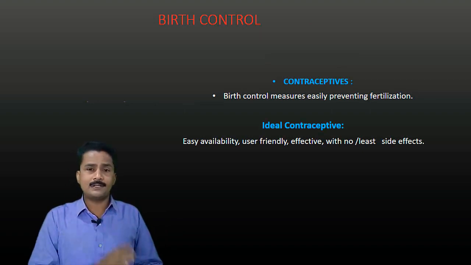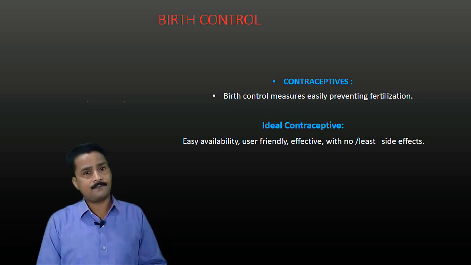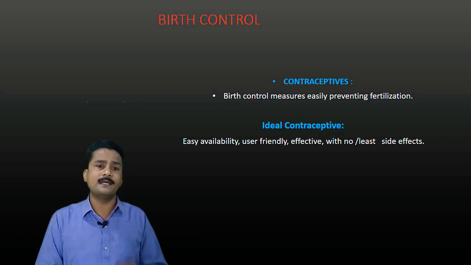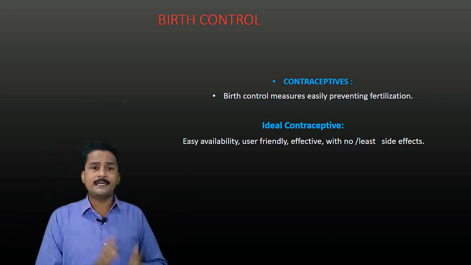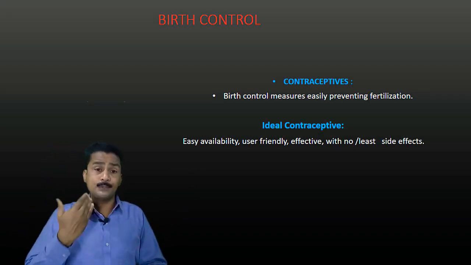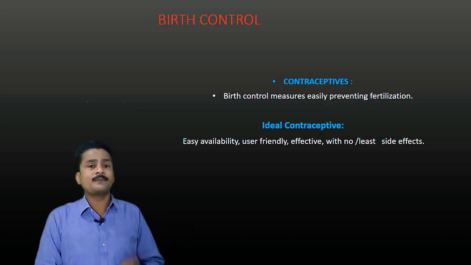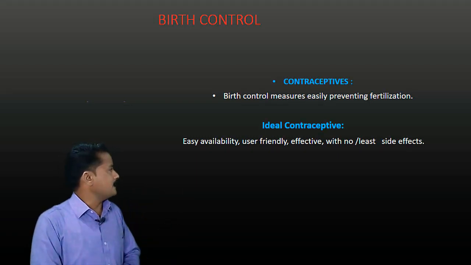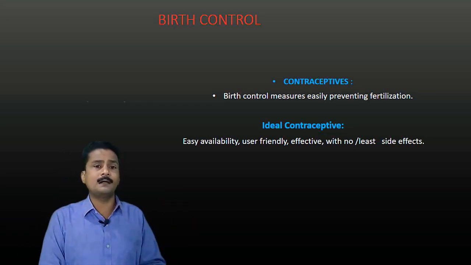So in general terms, contraceptives are useful to avoid pregnancy. As far as the contraceptives available in the market are concerned, there are various types. How should the ideal contraceptive be? The characteristics of the ideal contraceptive are that it should be easily available and user friendly, that means it should be convenient for the person who is going to use it.